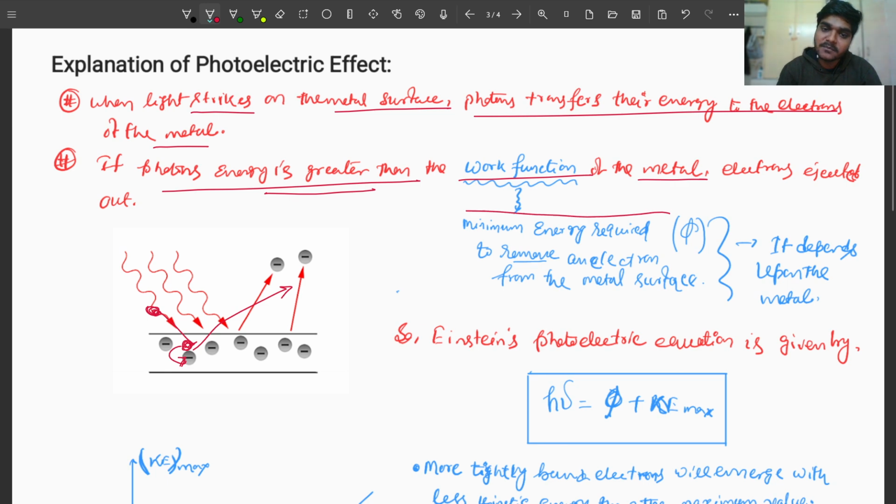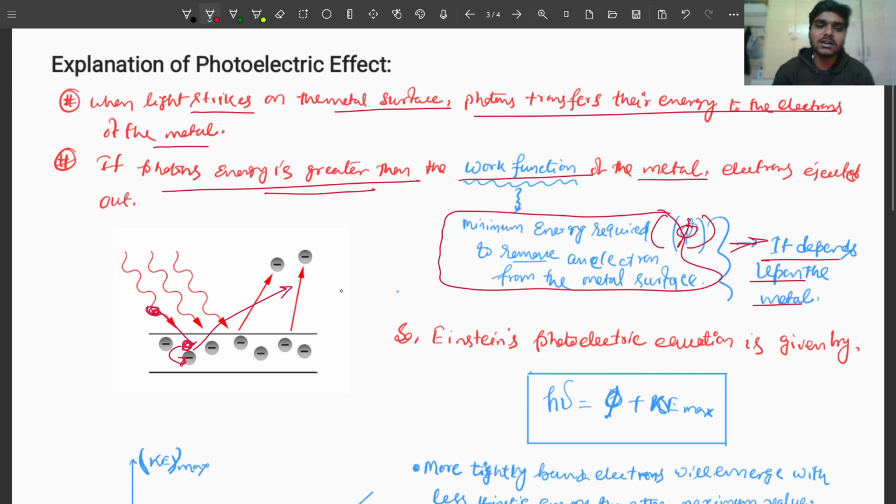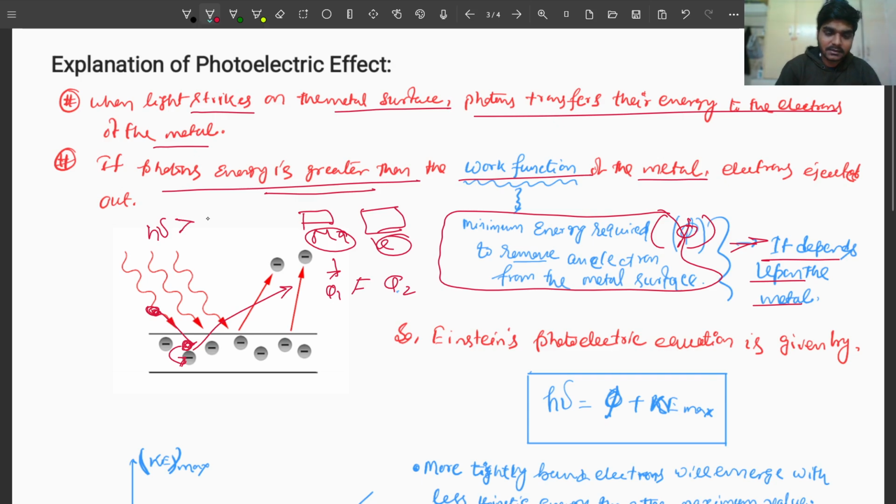Work function is the minimum energy required to remove an electron from the surface, and it is denoted by phi, and it basically depends upon the metal or photosensitive material. If you have a sodium sample and a potassium sample, their work functions will be different, so your photons must have greater energy than the work function of the material.